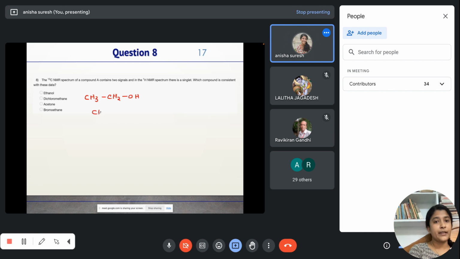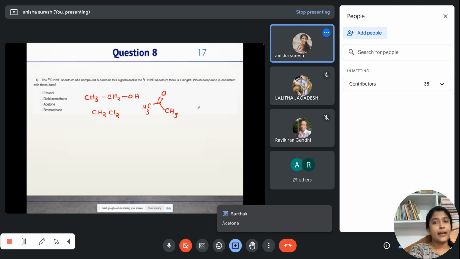Dichloromethane will be CH2, Cl2. Acetone will be C double bond O with CH3, CH3, and bromoethane will be CH3, CH2, Br.